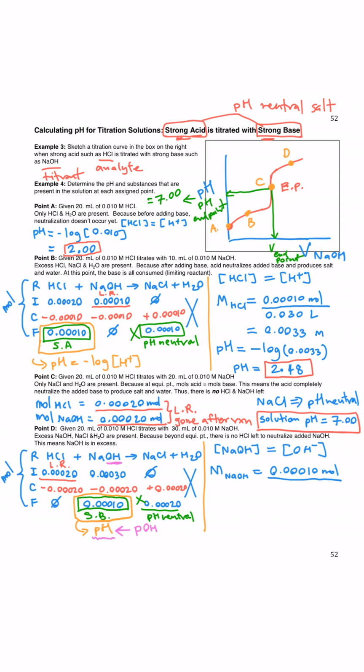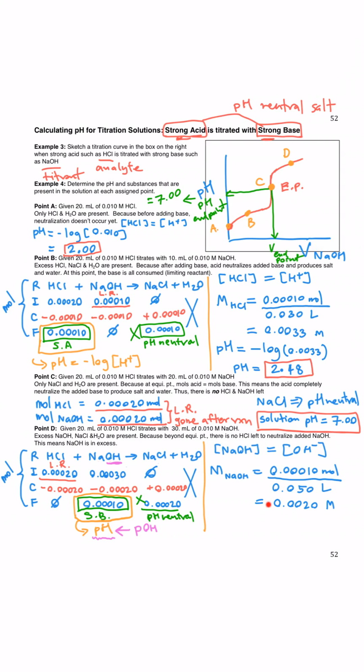You are going to get 0.050 liter, and you will get the concentration of sodium hydroxide equal to 0.0020 molar. And again, this concentration belongs to sodium hydroxide, which is going to be the same concentration as hydroxide ion.